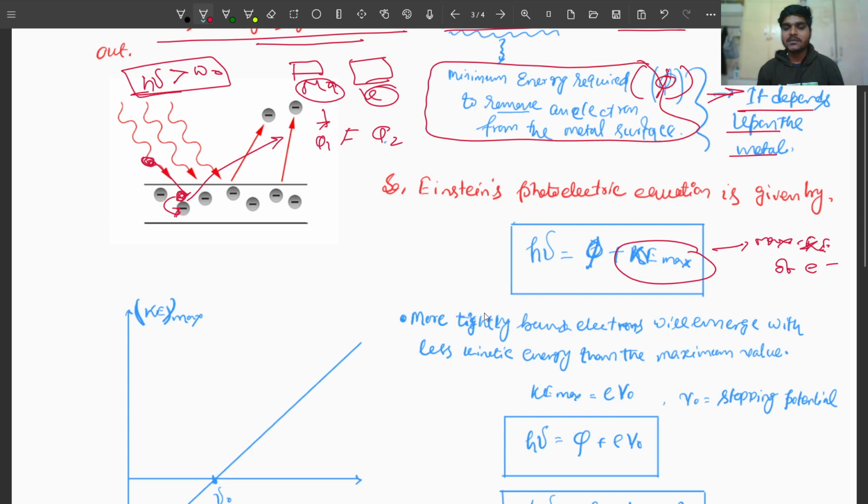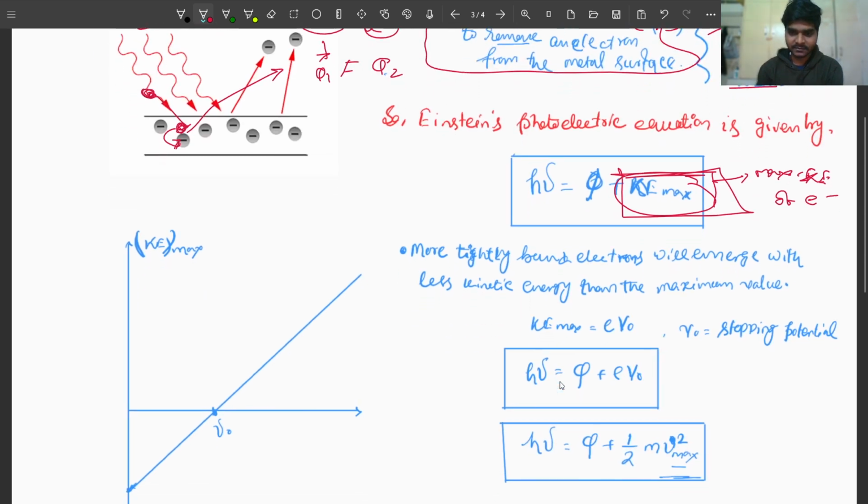Okay, but there might be some electrons whose kinetic energy will be less than this, but we will take the maximum kinetic energy, and this maximum kinetic energy is equal to eV0. eV0 is the energy required to stop the maximum energetic photoelectrons. That's why we have taken KE equal to eV0. So this equation can be written as h nu is equal to phi 0 plus eV0.